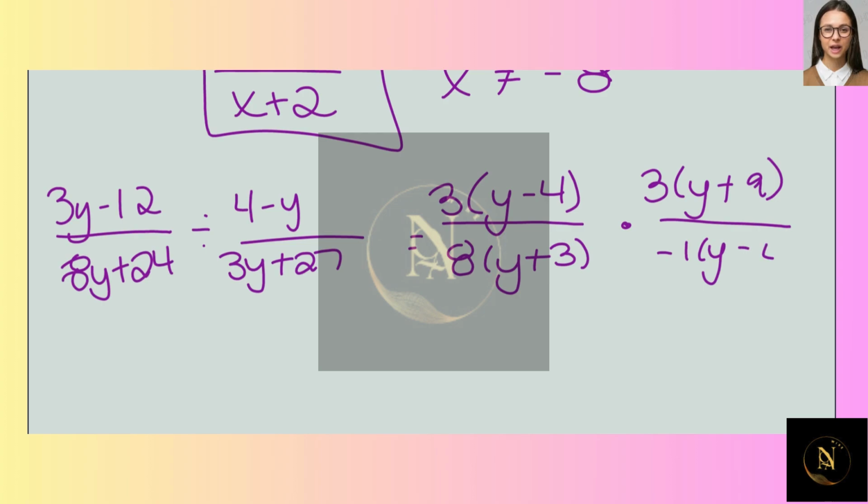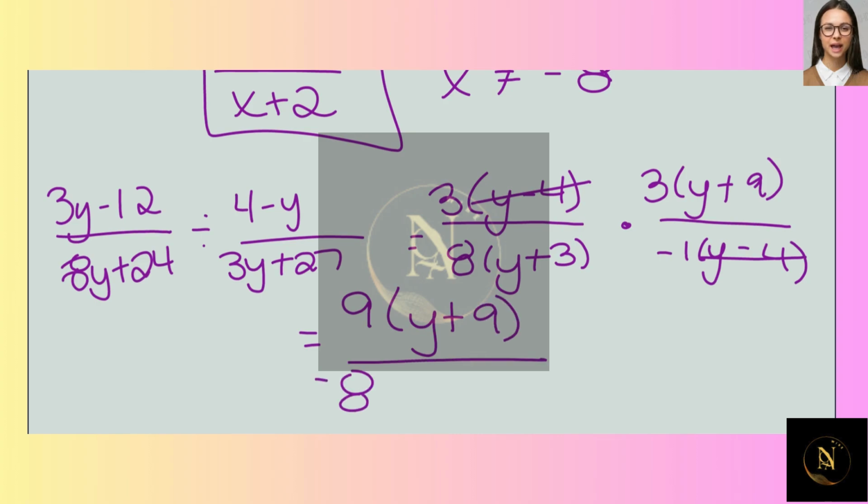Now when I multiply across, I see that my y minus 4's are going to cancel. So I'm left with 9 times (y plus 9) over negative 8 times (y plus 3). So that will be my answer.